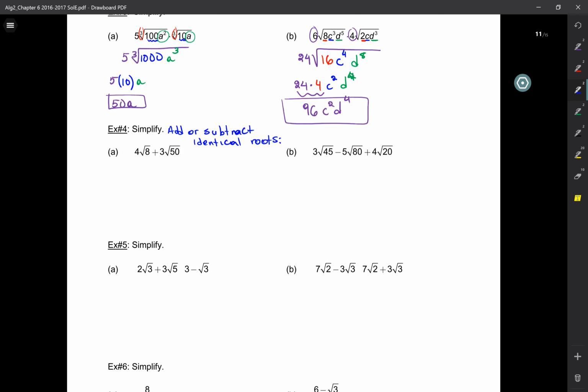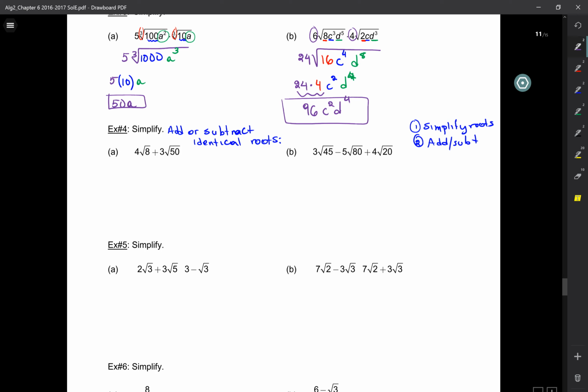That means here, I need to simplify. See, I have a root 8 and a root 50. I can't do anything with that. That means first I need to simplify the roots completely, then add. All right? So step 1, simplify roots. Step 2, add or subtract.